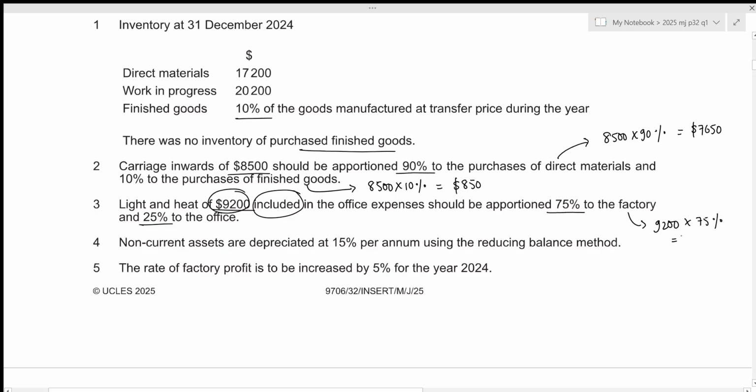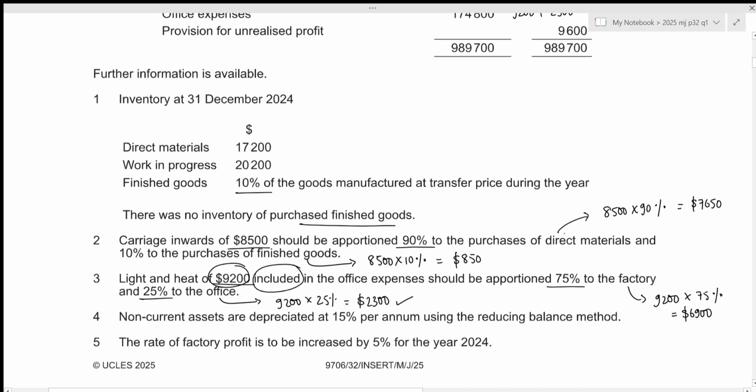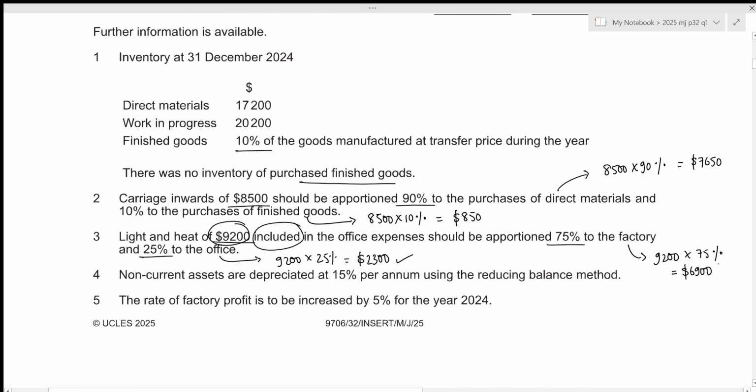This results in the value of 6,900. Then remaining 25% should go towards the office. So 9,200 times 25%, which results in 2,300. So this 2,300 should correctly be included within our office expenses. So plus 2,300, and whatever amount we apportion towards the factory, this 6,900 will now be part of the factory overheads. So we can include that as well.